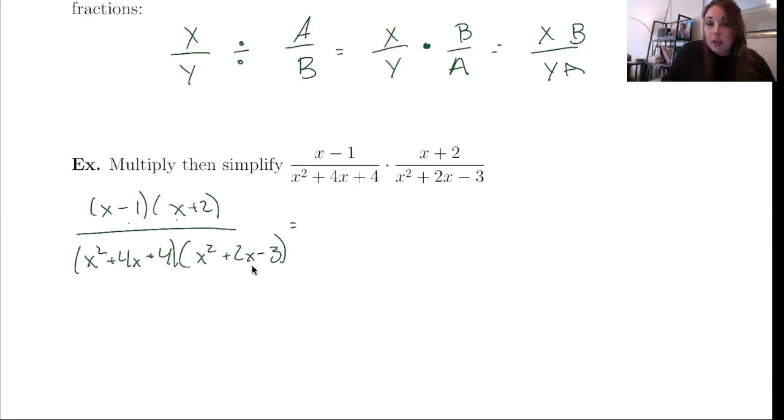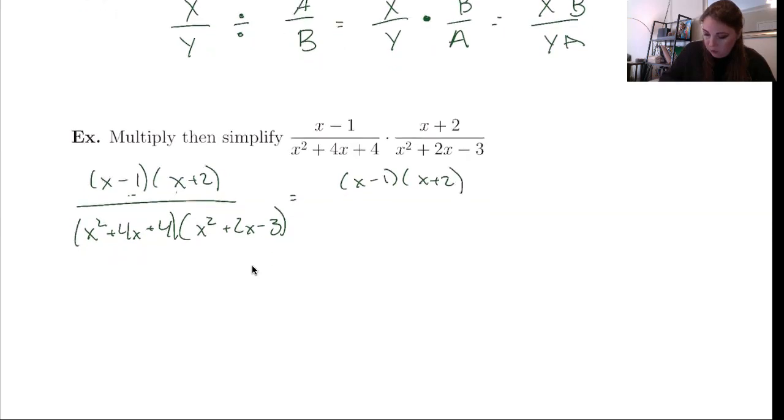What's the point? I need to factor them. So if I foil, then I need to factor them. But it's technically already factored. I just have x minus 1 and x plus 2. Those are both irreducible, so I'm going to keep them. And then x squared plus 4x plus 4.